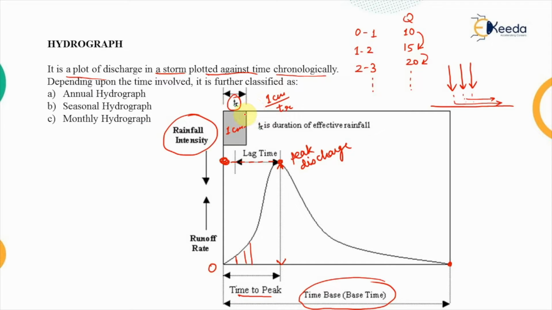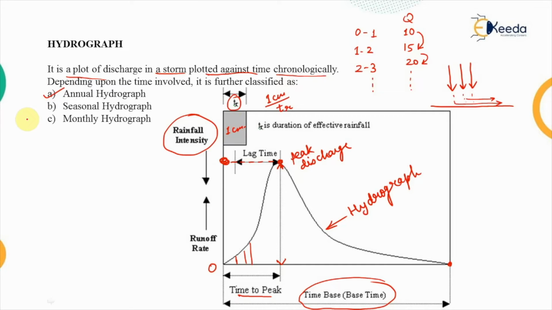Now, depending upon how much time is involved in the particular storm, the hydrograph is further classified. If the entire data is collected for the entire year, then the hydrograph we obtain is known as the annual hydrograph.